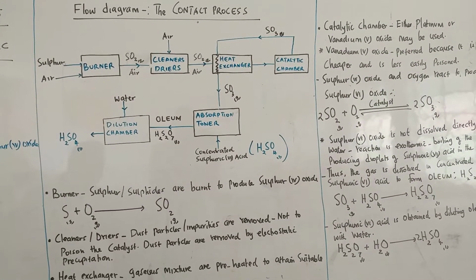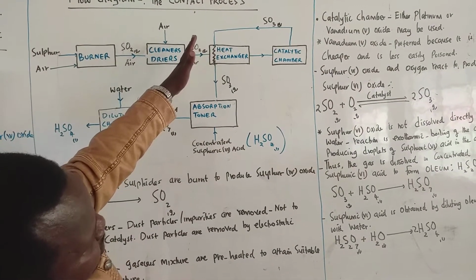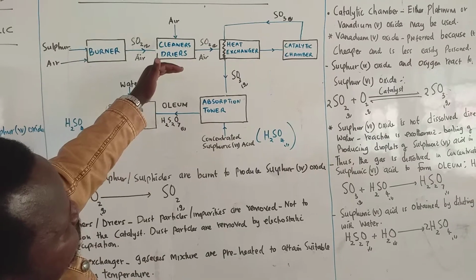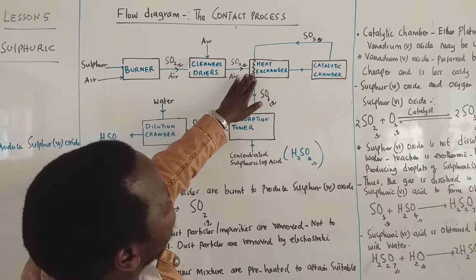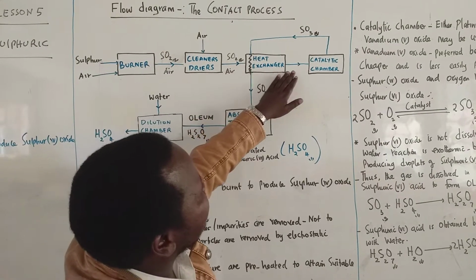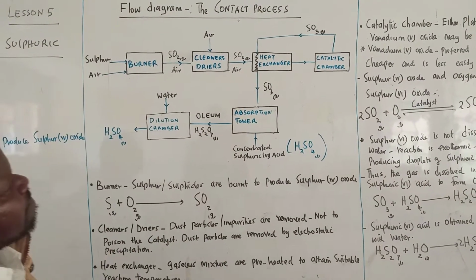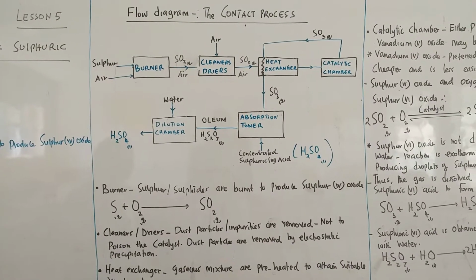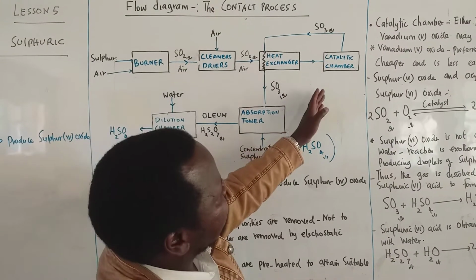where temperatures are very high, about 450 degrees to 500 degrees Celsius. Then this mixture will enter the catalytic chamber, where you have the catalyst, and there are two forms of catalysts in this chamber.